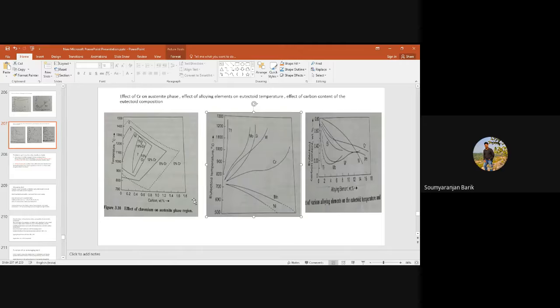Sir, but chromium, tungsten, silicon are ferrite stabilizers. So when we add them, it increases the ferritic region so that the A1 temperature increases. Yes, very good, well explained. So people understood, right?